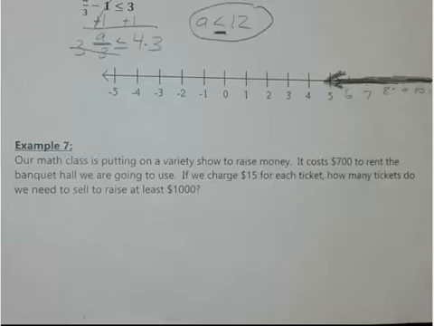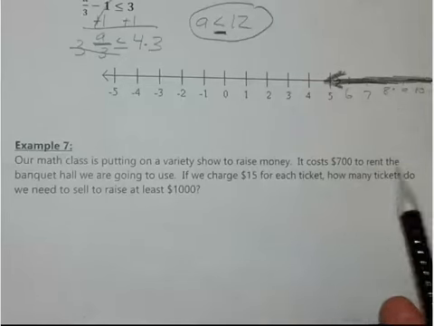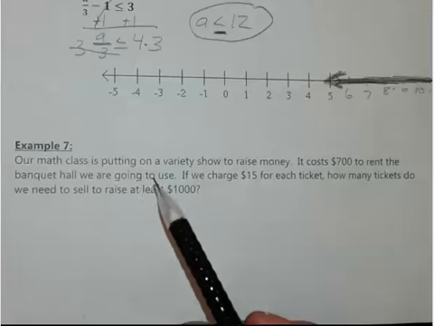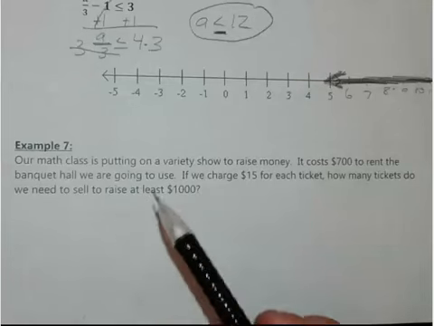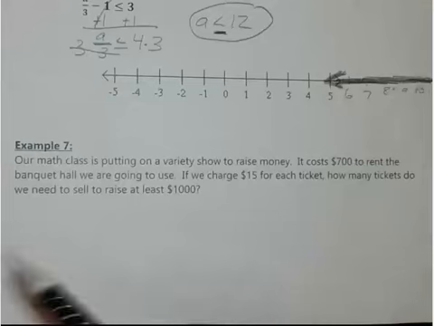So in order to solve this problem, we need to write an inequality and then solve that inequality like we've been doing to figure out how many tickets we need to sell to raise at least $1,000. In this problem, it tells us it's $700 to rent the banquet hall. That number is a good piece of information, but it's kind of irrelevant to the problem.